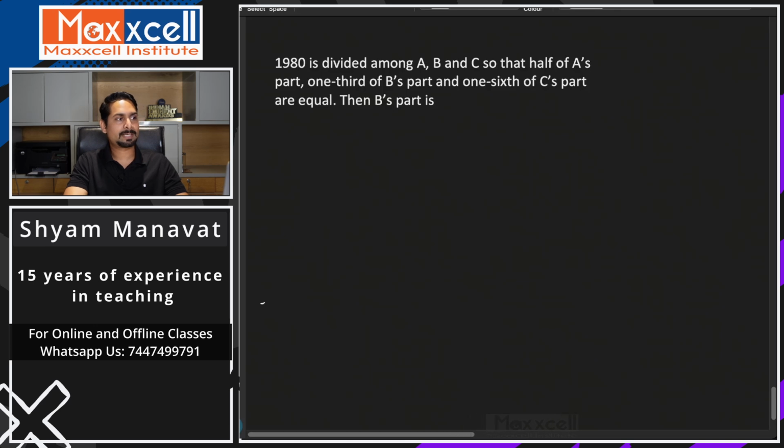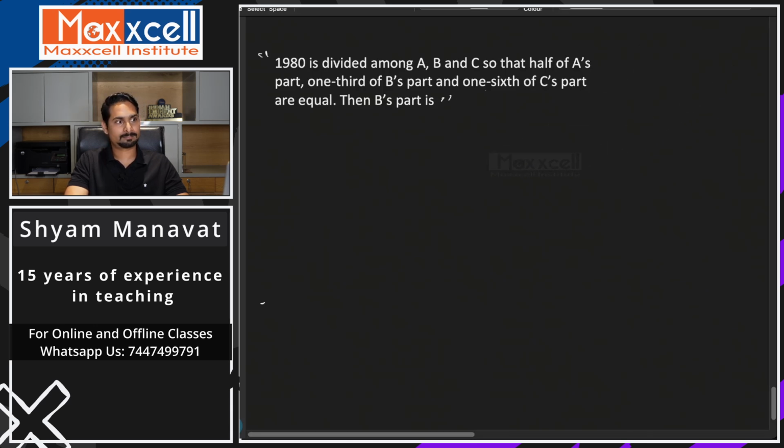Cool. Again, pause the video and try to solve this question. The question said 1980 is divided amongst A, B and C, so that half of A, 1/3 of B and 1/6 of C are equal.